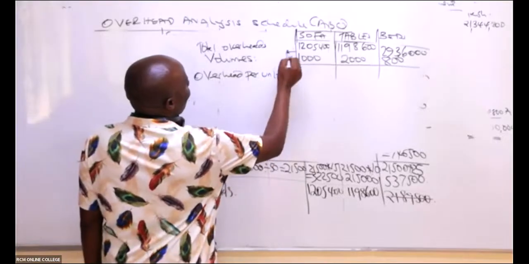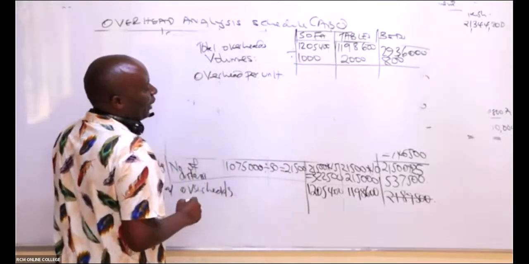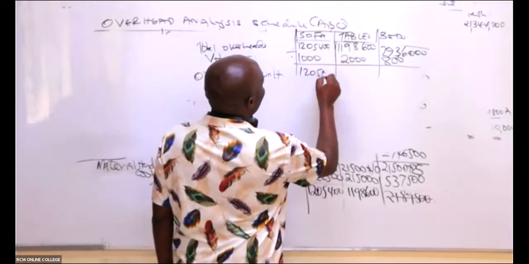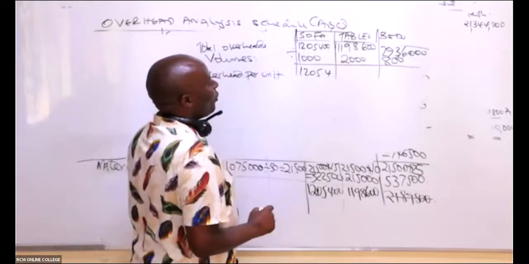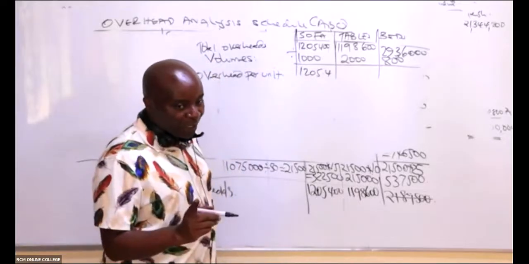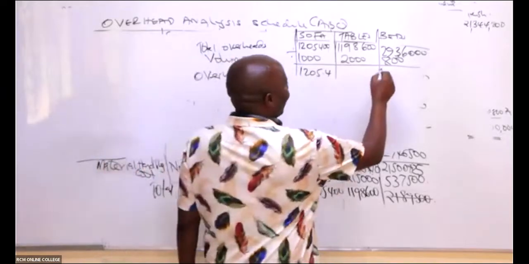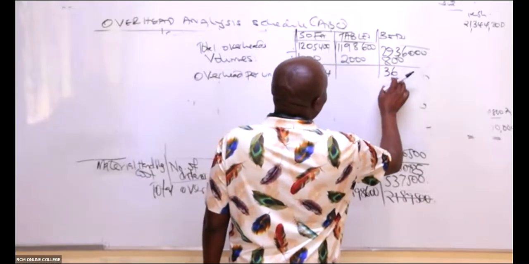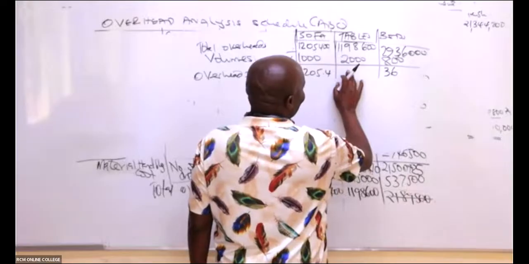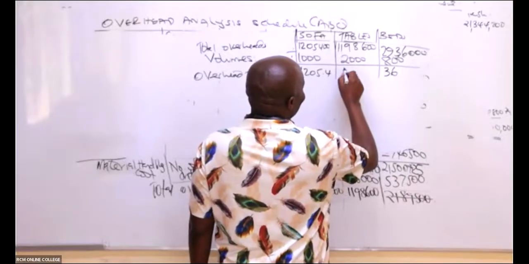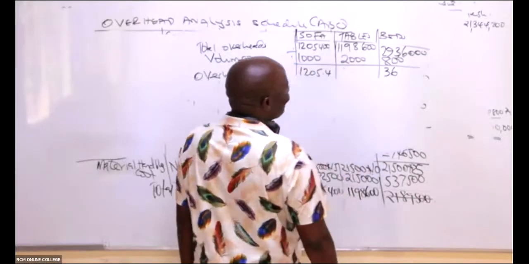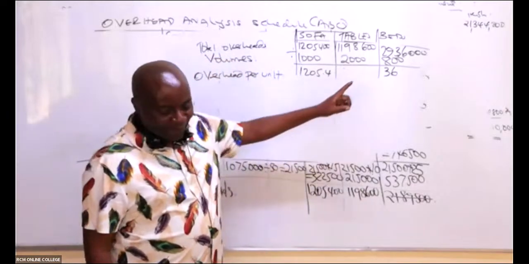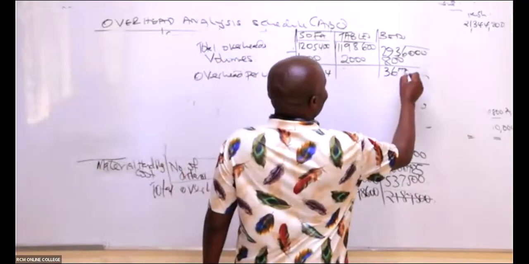So that means you divide, isn't it? Overhead per unit. So then this will be 1205.4. The last one, 36, 70.